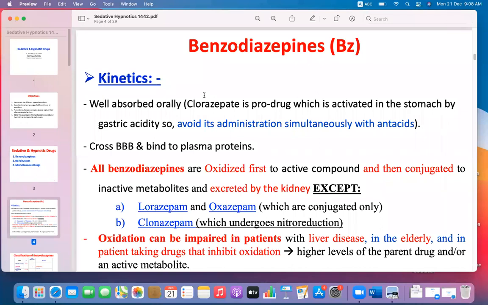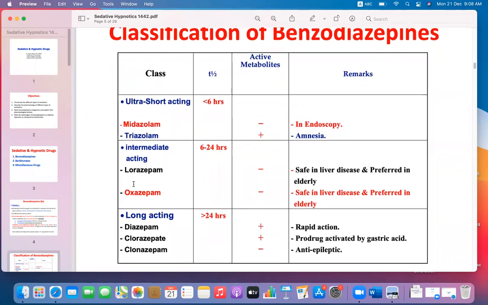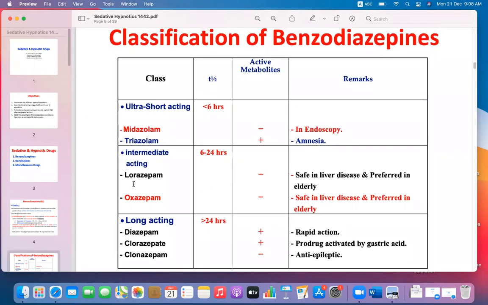Generally, they are well absorbed orally and are available as oral tablets. Benzodiazepines are divided into three main categories.